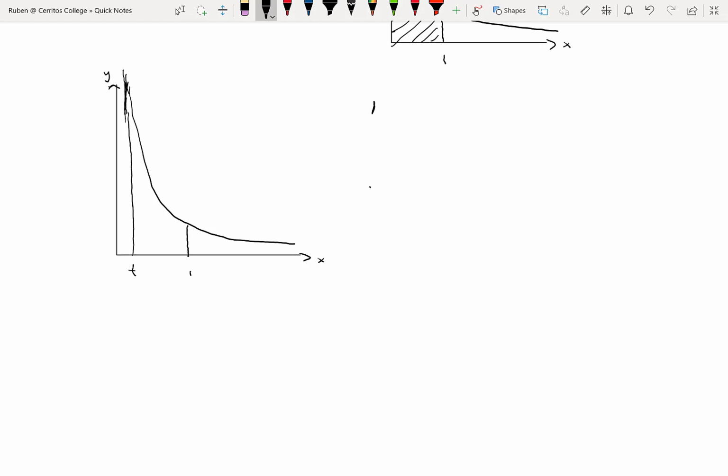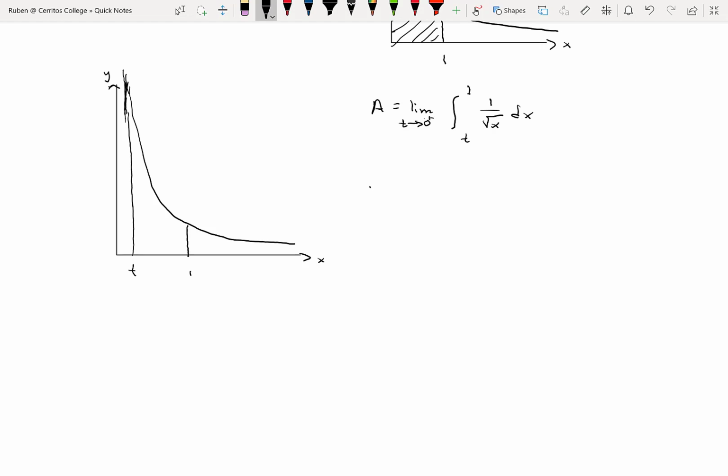So the area we're looking for is not quite the integral from t to 1 of 1 over the square root of x. But if after we find that integral, we then let t slide back to 0, then we'll be picking up all of the area in question. The only additional detail is that t can't approach 0 from both directions. t has to approach 0 through positive numbers.